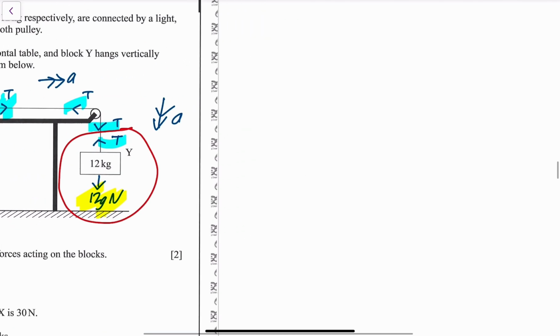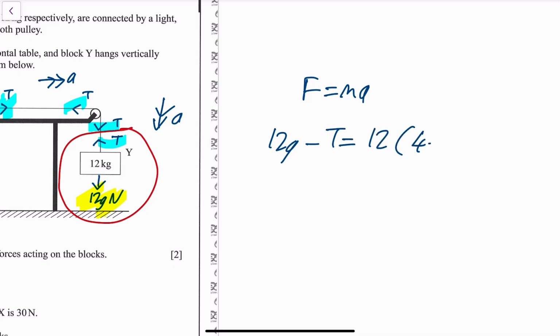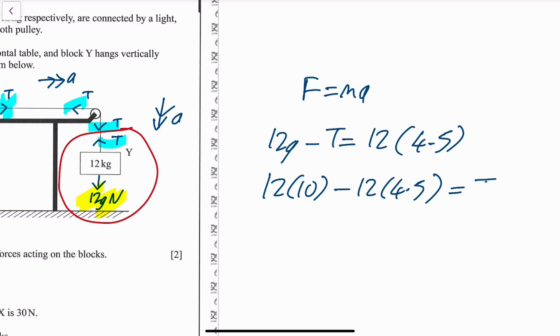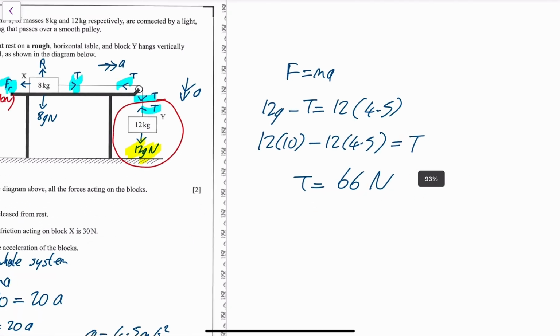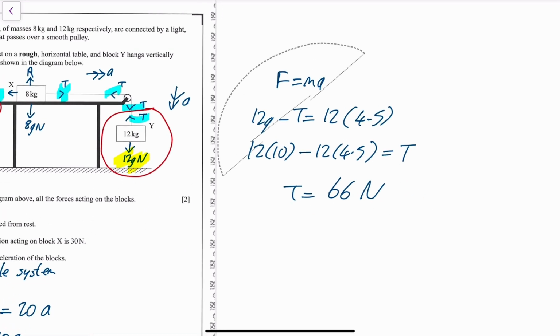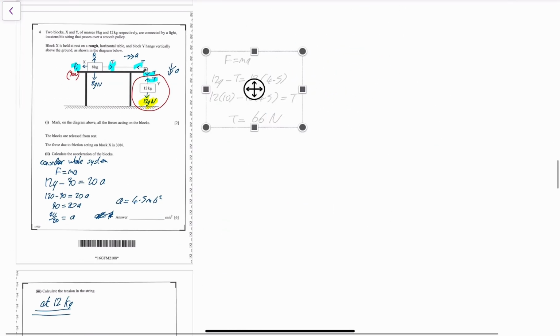So for the 12 kilograms, again we're using F equals ma. 12G is getting the 12 kilograms going, minus the tension, and that equals the mass, which is 12, times my acceleration, which is 4.5. Let's just move those around. That's 12 times 10 minus 12 times 4.5 equal to T. Put that into your calculator, and I got bang on 66 newtons. Okay, that's what should go in down here.